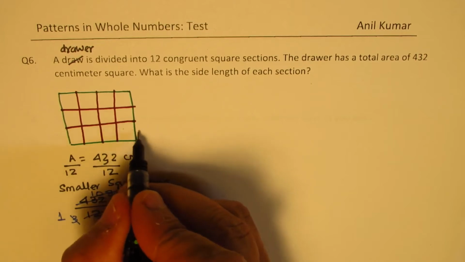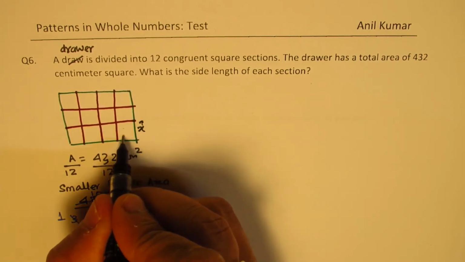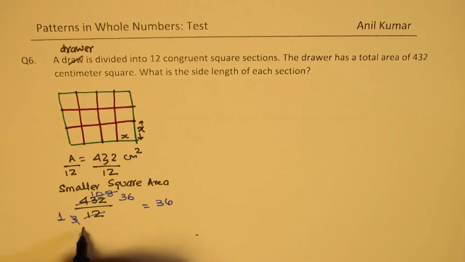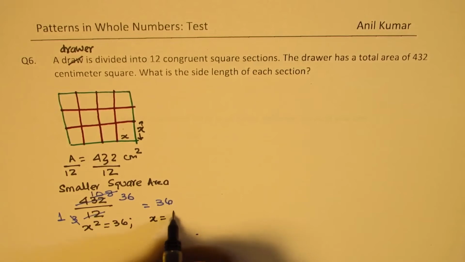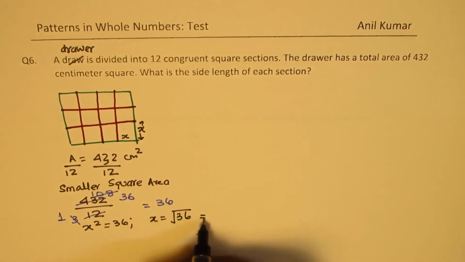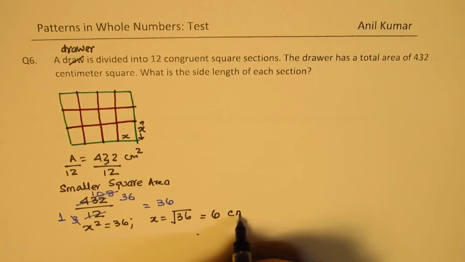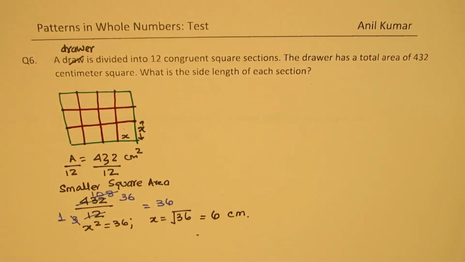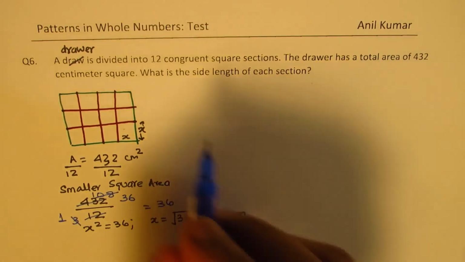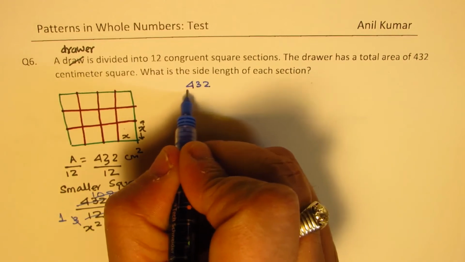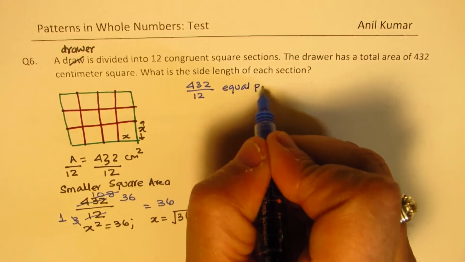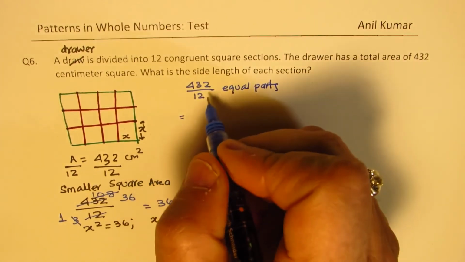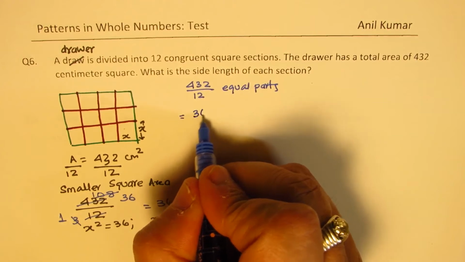So what is the side length of each square? Let's say x is the side length of each square, right? So we know that x square is 36. That means x is the square root of 36, and that is the number 6. And the units are centimeters. Do you see how we found it? So what we have done here is that first step, we divided the total area 432 into 12 equal parts, right? Which came to be 36.